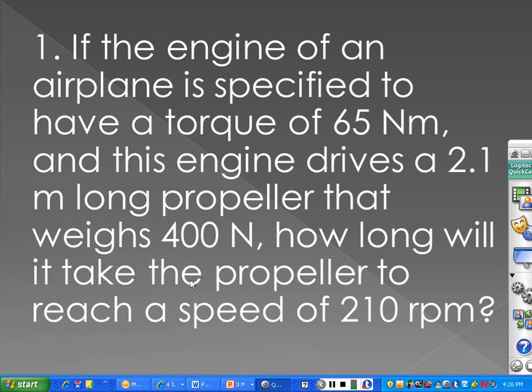How long will it take, the time it takes, because you know the angular acceleration and you know the final angular speed. You can find the time it takes. So you will need to look in Chapter 7 under definitions that relate to angular acceleration and angular velocity. Okay.